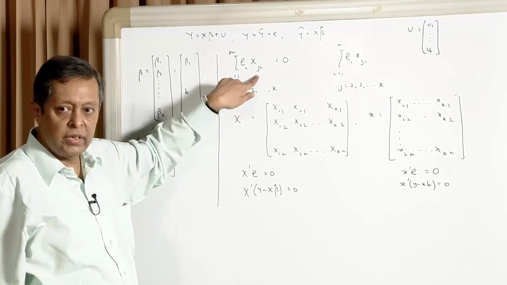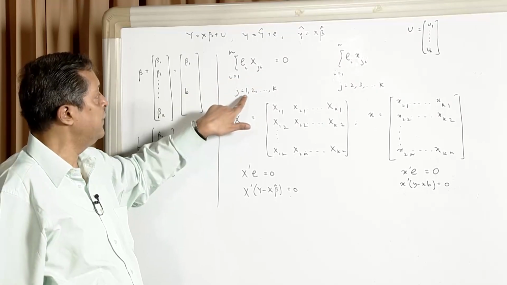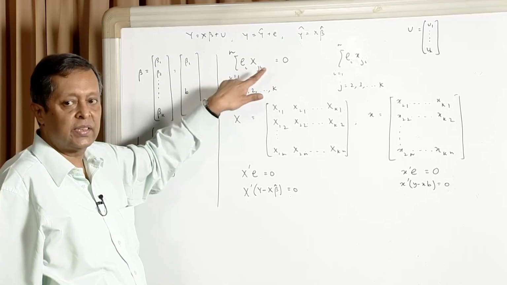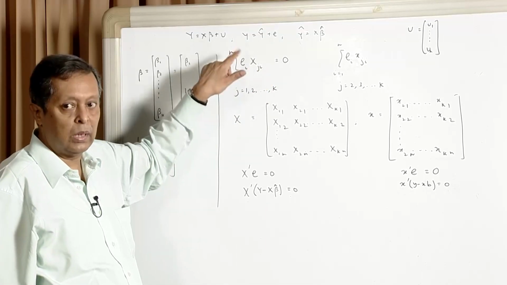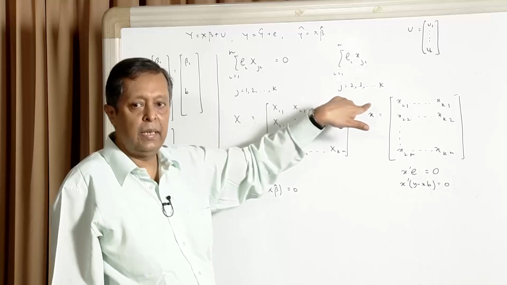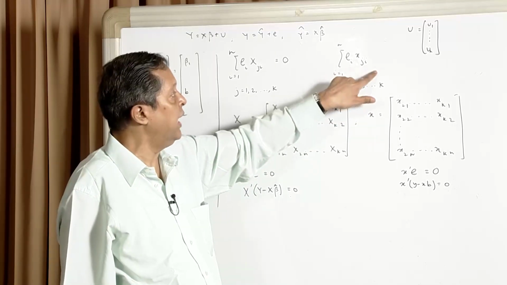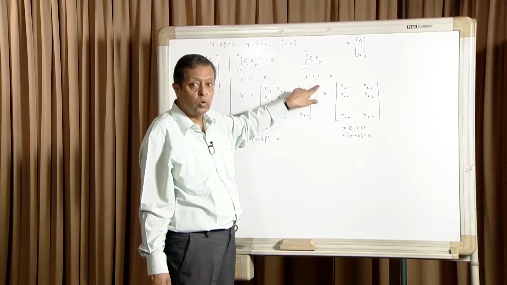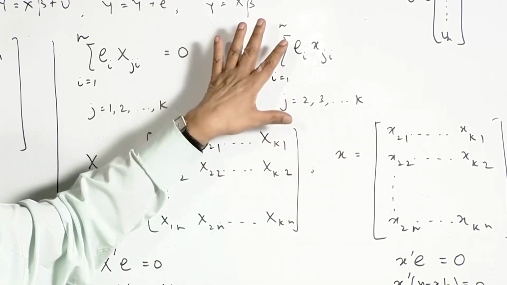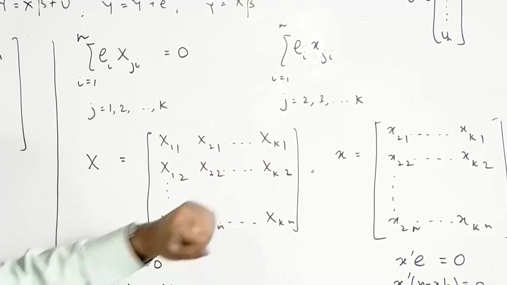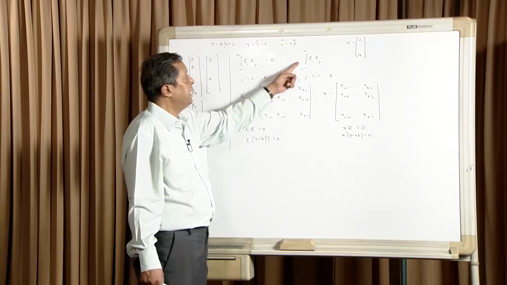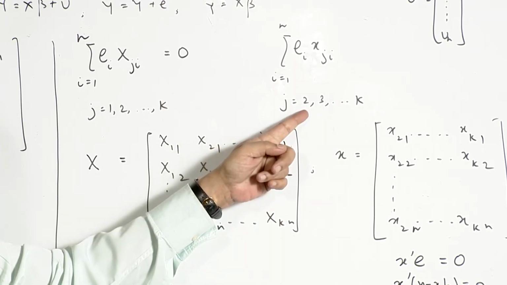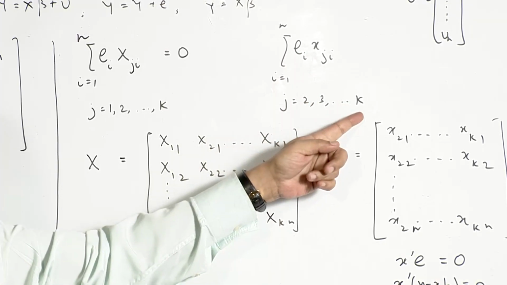If you have original variables, then j runs from 1 to k, like we had e_i x_2i, e_i x_3i, e_i x_1i, which is 1. Or you can have it in deviation form, which is e_i x_ji, again i running from 1 to n, but j this time is from 2 to k, because the first normal equation is already subsumed. So, therefore, we can just extend this to the k variable case. j will now go from 2 and not stop at 3, it will go up to k.